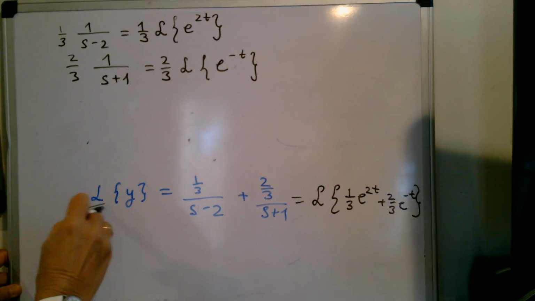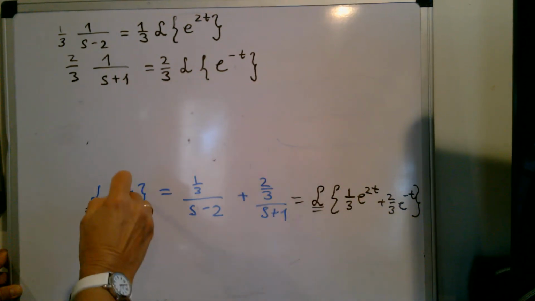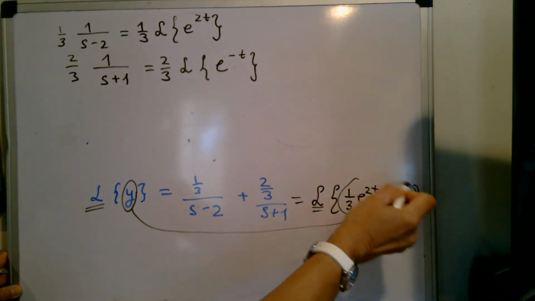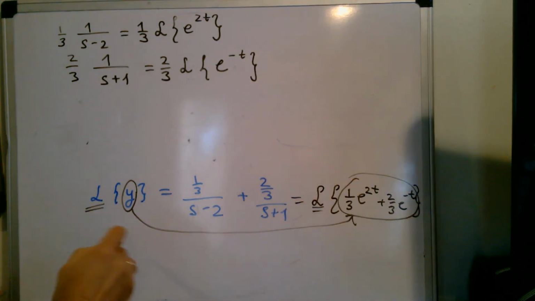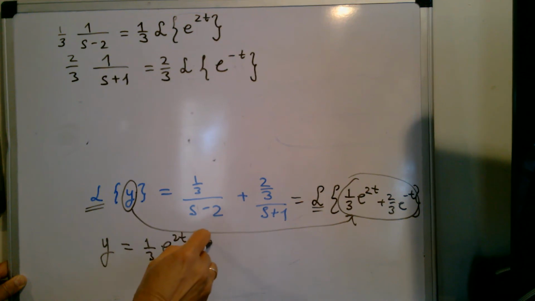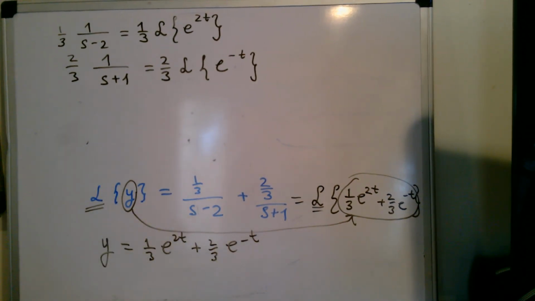So the Laplace transform of my solution equals the Laplace transform of this function, means that my solution equals the function. And voila, I got my solution: 1 over 3 e to the power of 2t plus 2 over 3 e to the power of negative t. You see?